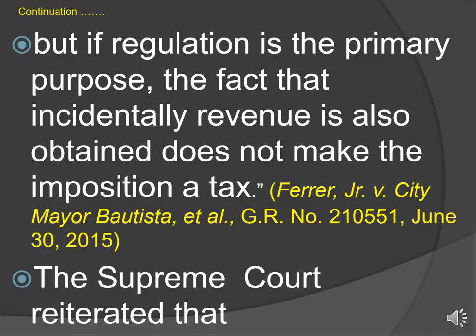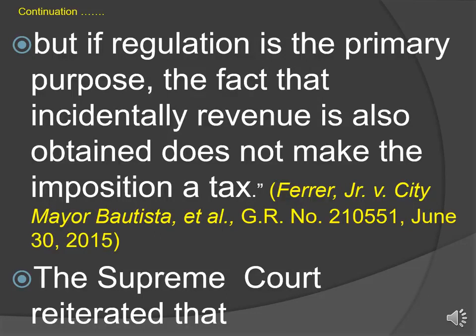On the other hand, if the regulation is the primary purpose, the fact that incidentally revenue is also obtained does not make the imposition a tax. So you always look at the basic purpose in order to know whether the imposition is under police power or under the power of taxation.